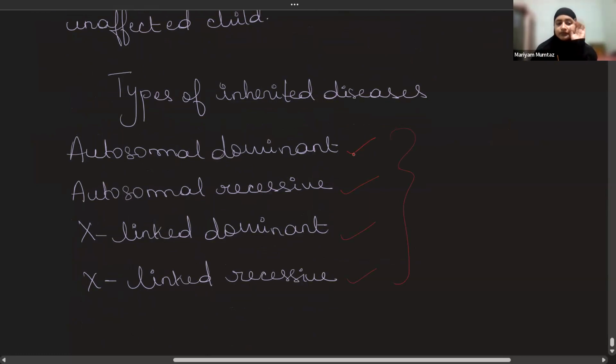Okay. Now, with this topic, the pedigree analysis, there are certain questions that come. They would give you the family chart, the analysis, and then you'd have to analyze and tell whether the disease is of which type.